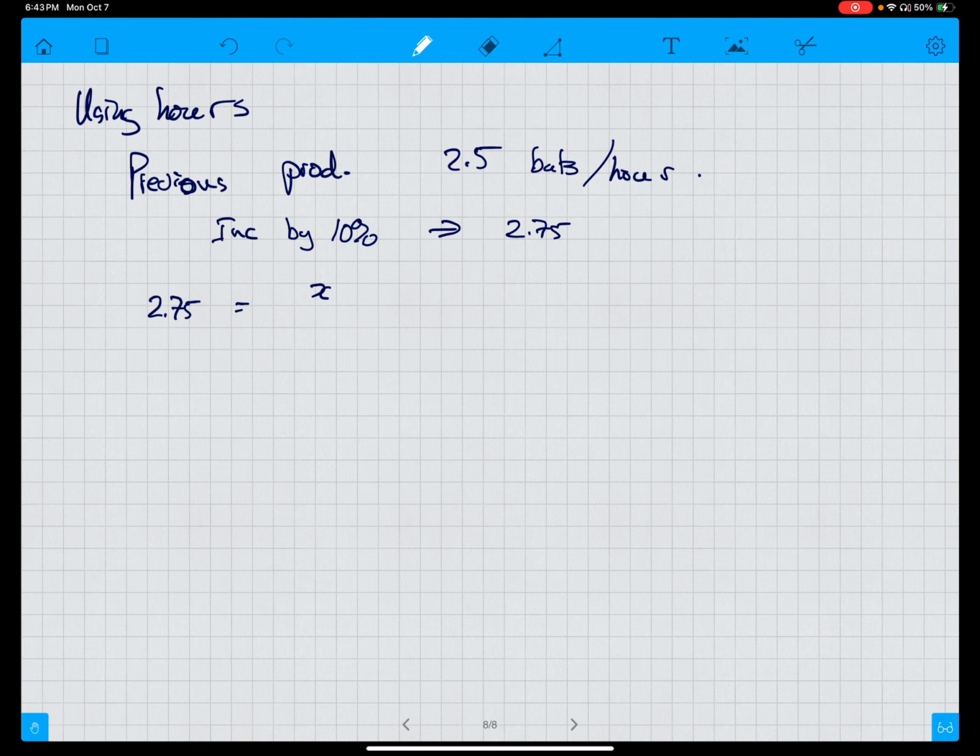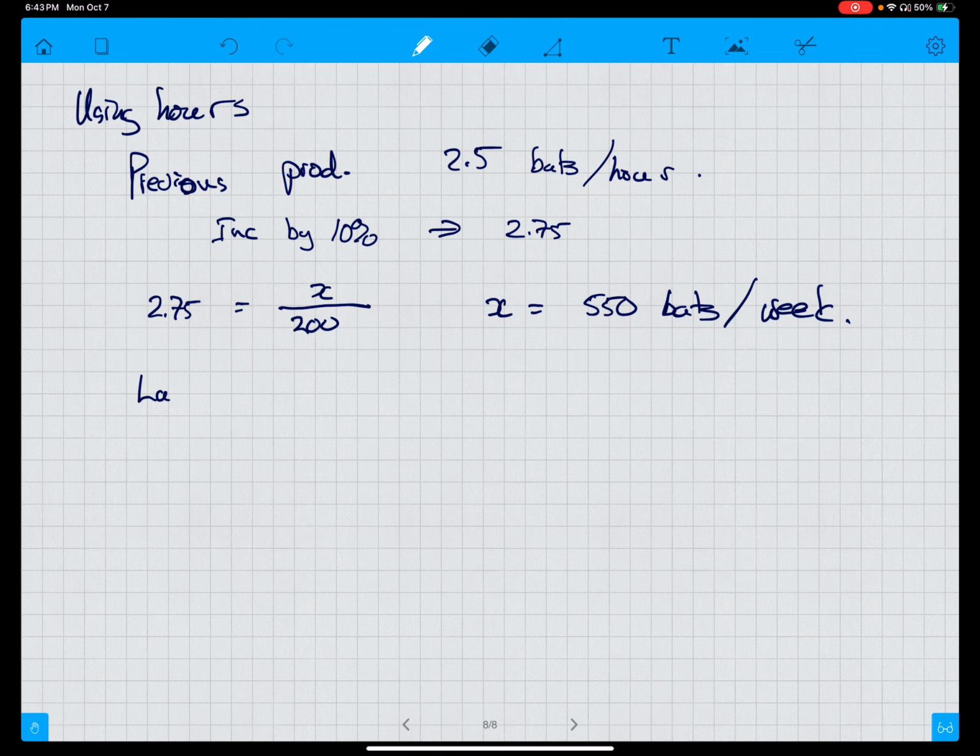We don't know how many bats we can produce. We do know we use 200 hours. So we're not changing the shifts, right? So they still work the same number of hours. We're just paying the people more, and they're making more output. So we solve for that, and we get 550 bats per week.